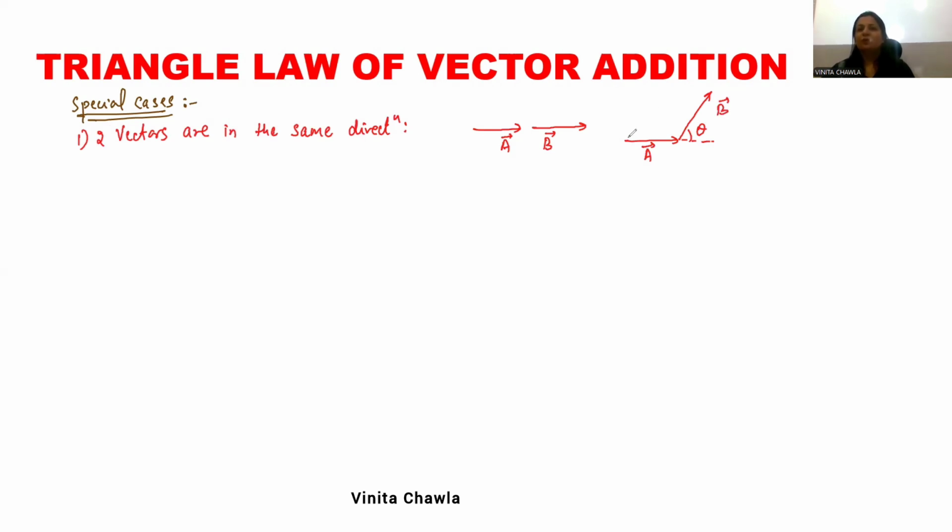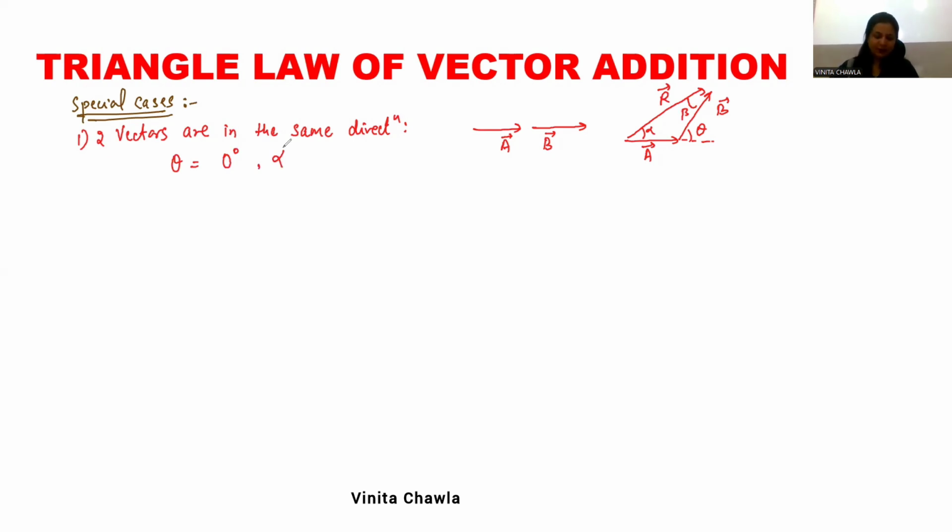And we draw a resultant vector like this. The angle between these two vectors is alpha and between these two vectors is beta, right? So the value of theta: if two vectors are pointing in the same direction, then theta is equal to 0 degree. If they are in the opposite direction, then the angle is 180 degree. Theta is equal to 0 degree. And what is the value of alpha?